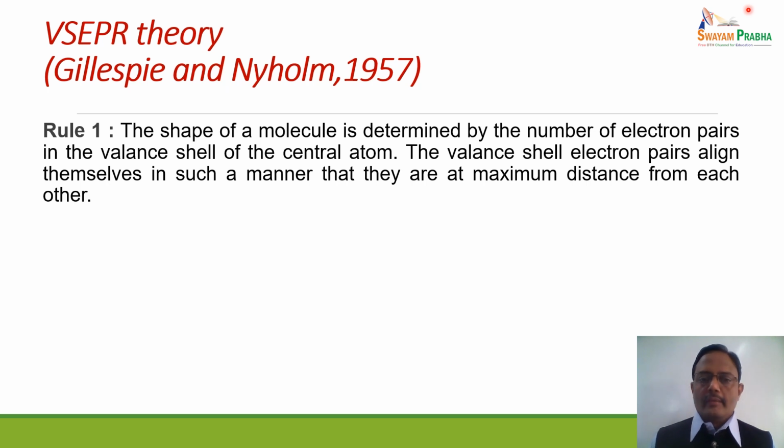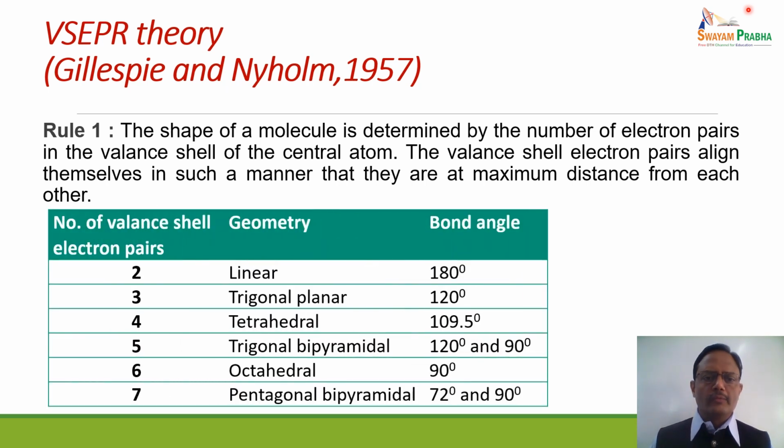It is quite obvious that the central atom and bonded atoms have their valence shell electron pairs, and the central atom will try to keep the valence shell electron pairs as far away from each other as possible because there is a repulsive force between them. Because of this repulsive interaction, if the number of valence shell electron pairs is 2, then they will remain away from each other and the maximum distance between them will be 180 degrees, leading to a linear geometry.